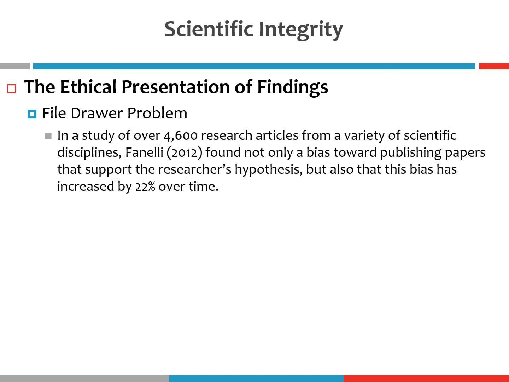Okay. We also want to be mindful of how we are presenting data. Okay, so the file drawer problem is essentially the problem that there's a bias in terms of what papers get published, right? So in a study of over 4,600 research articles from various scientific disciplines, a 2012 study found not only a bias toward publishing papers that support the researcher's hypothesis, right, but this bias has become much more extreme over time, right?